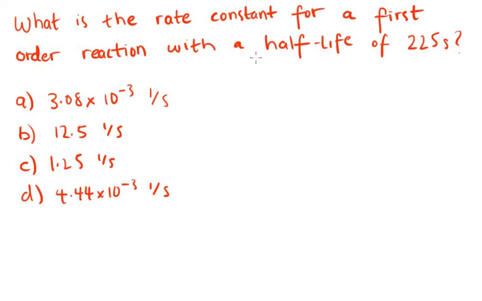A half-life is essentially the amount of time it takes for a concentration to halve. So from 2 to 1, 6 to 3, 1,000 to 500. It's the amount of time a concentration takes to halve.